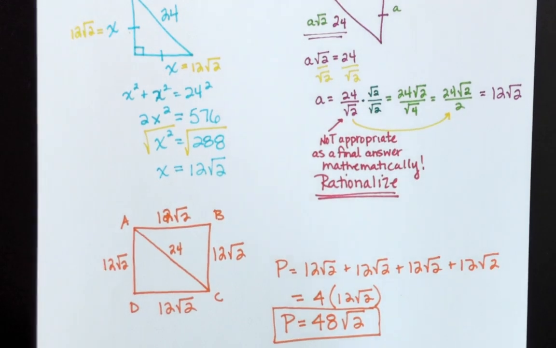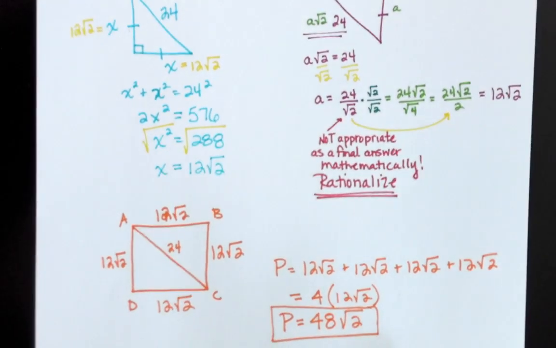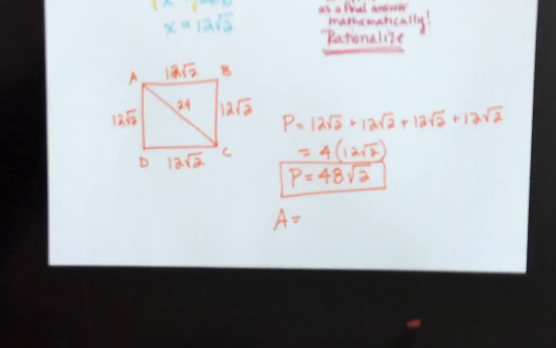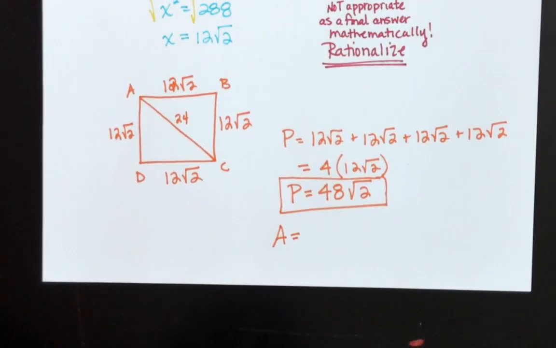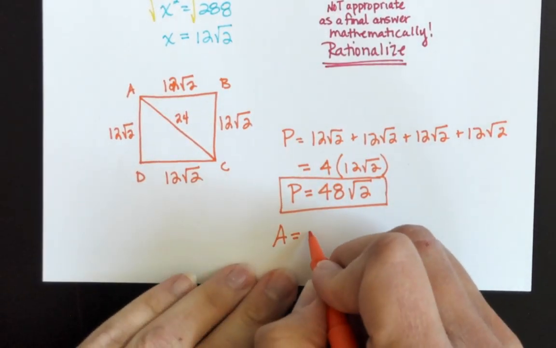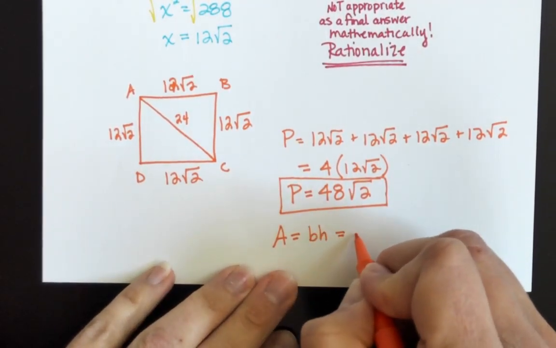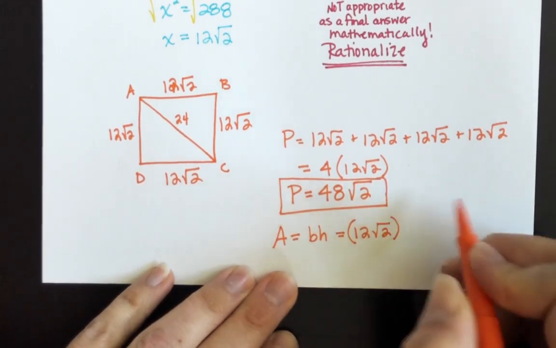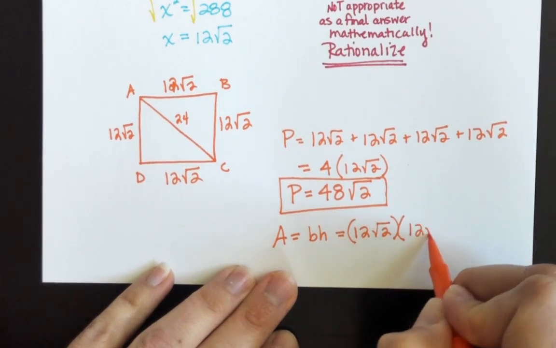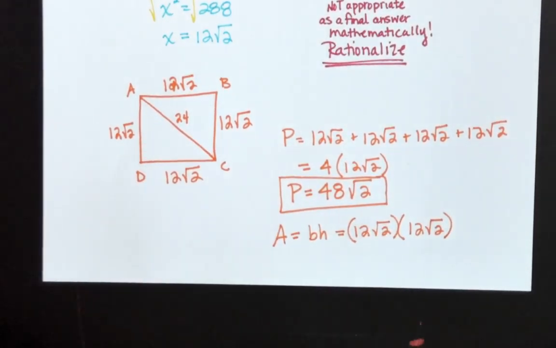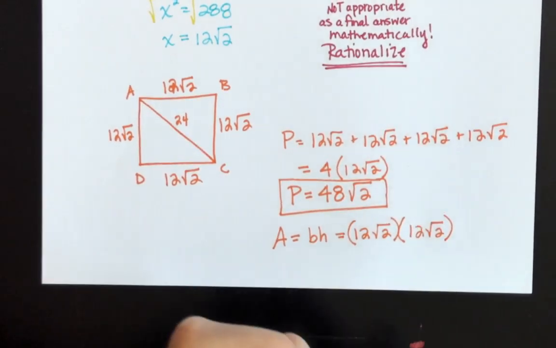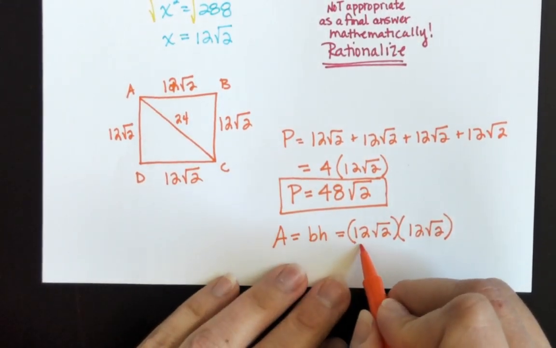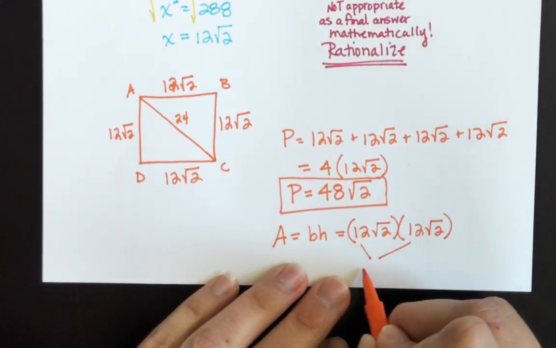Then when we do area, we have to remember that this is a square. So you could do base times height, you could do side squared, doesn't matter, it's the same thing. And now we have 12 radical 2 times 12 radical 2. Well, 12 times 12 is 144.